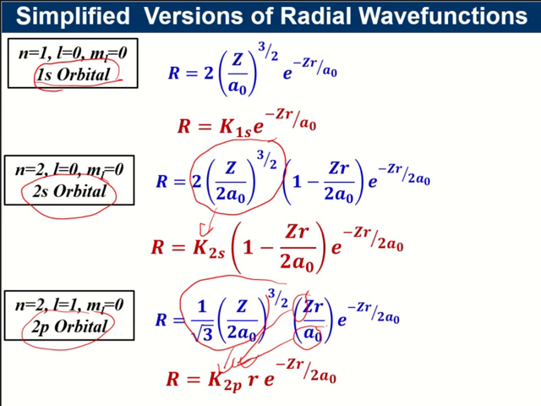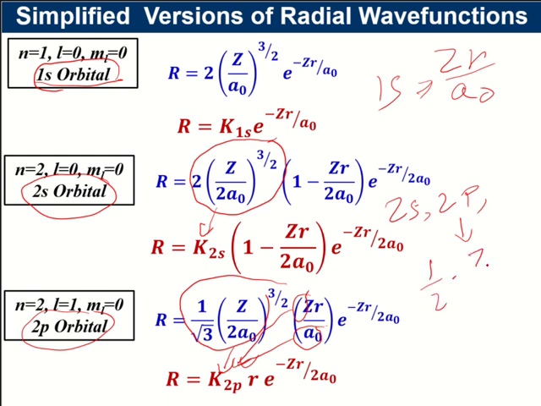Zr by a naught divided by 2, Zr by a naught है for 1s and for 2s and 2p. मैं ये कहना चाह रहा हूँ 2s 2p इनके लिए जो Zr by a naught का हाफ जो उसके लिए डिके टर्म था माइनस दिस, तो वो टर्म हाफ हो गया है. मतलब जो पहले फास्ट डिके अगर हो रहा था, शार्प डिके, now it will be slower for longer far away from the nucleus.